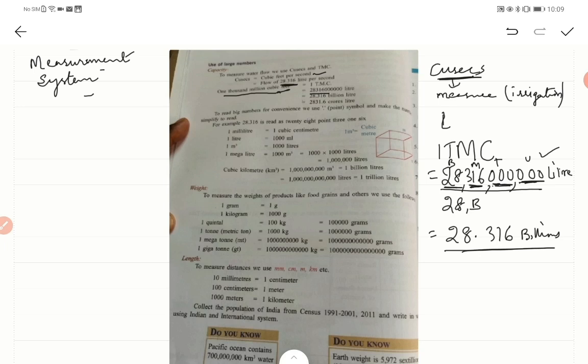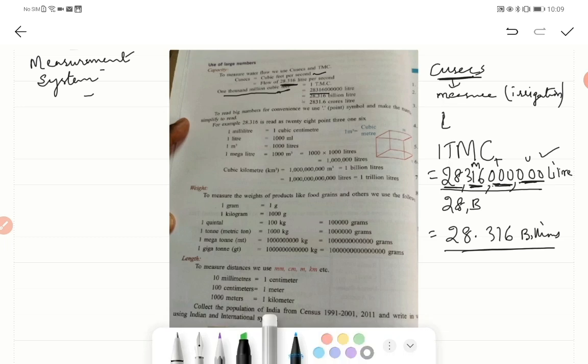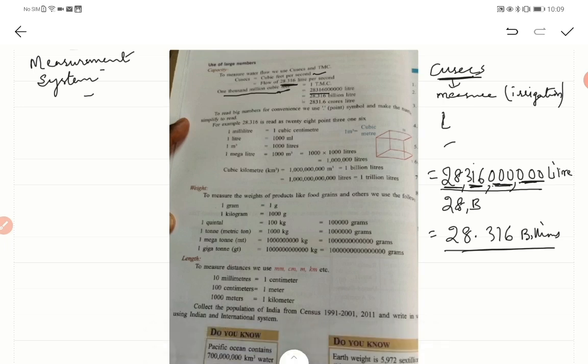Or in the Indian system, if we give the numbering: units, tens, hundreds. After that you have thousand, 10,000, lakhs, 10 lakhs, crore, 10 crore, and 100 crore.